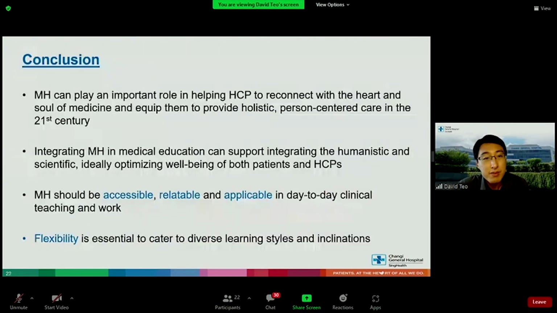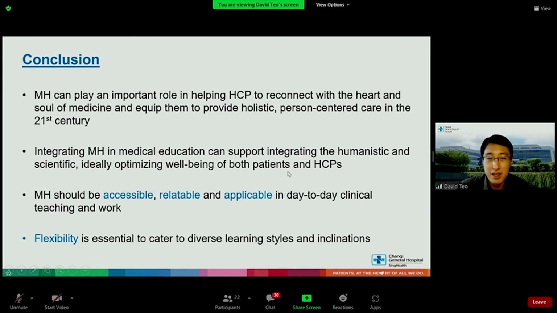So in conclusion, I think the medical humanities can play an important role in helping healthcare professionals reconnect with the heart and soul of medicine, and equip them to provide holistic, person-centered care in the 21st century. Integrating medical humanities into medical education can support integrating the humanistic and scientific.